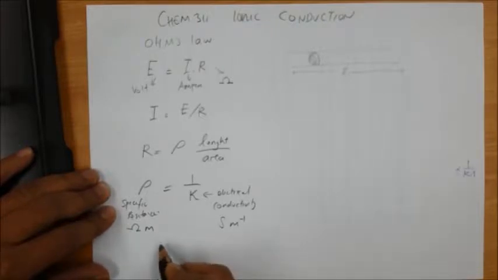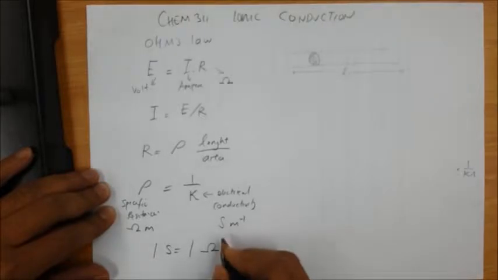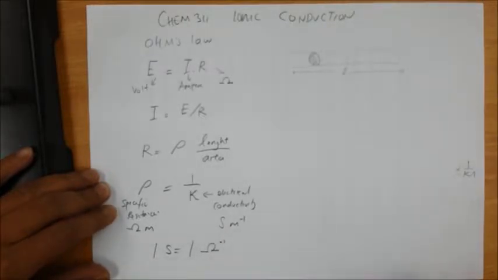Here 1 Siemens is equal to the reciprocal of 1 ohm. Okay, great.